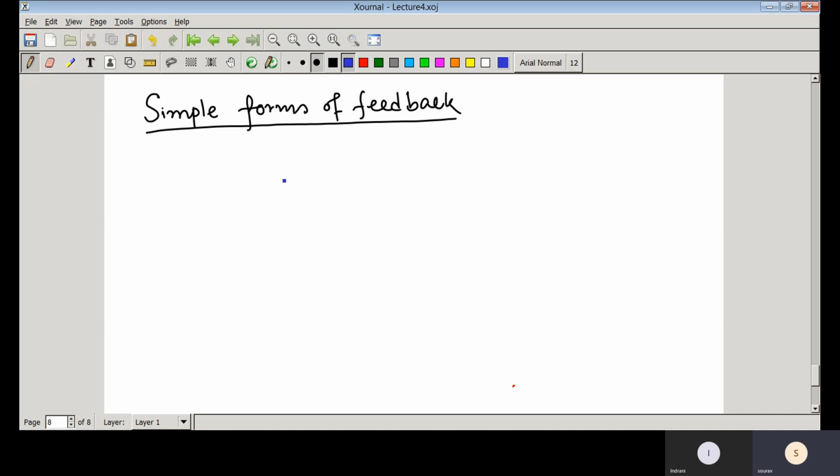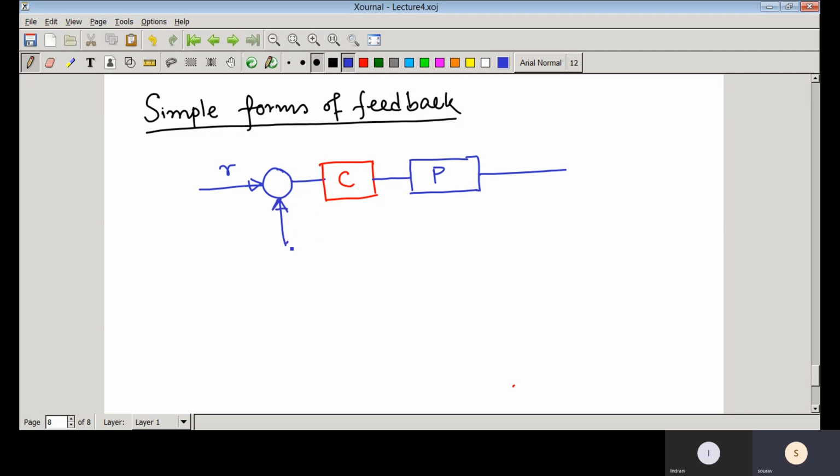We give one reference command R here, and this is the controller, and the control input is fed to the plant. So this is the plant, and we take feedback here.